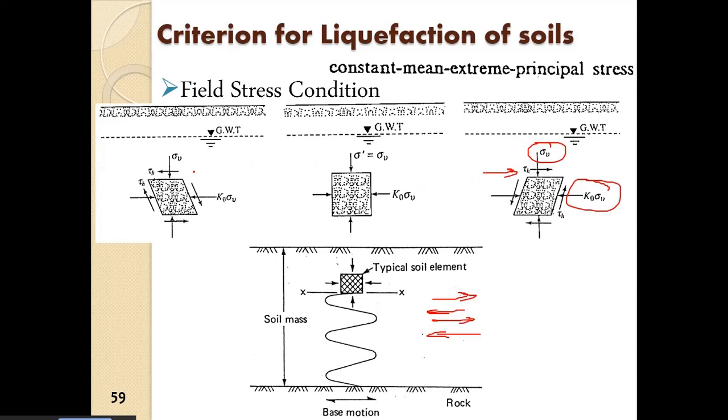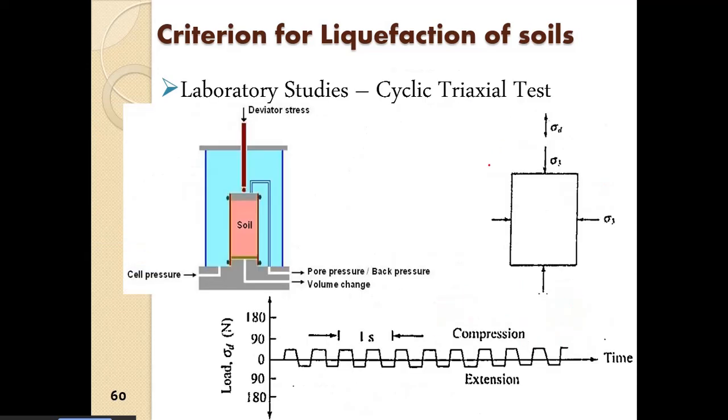So the Mohr circle will grow out from the same center and then grow back in, and then in the other direction the stress will be downward, so again it will grow, with the same magnitude and same radius. That is the constant mean and extreme principal stress, which we have to define in the laboratory.